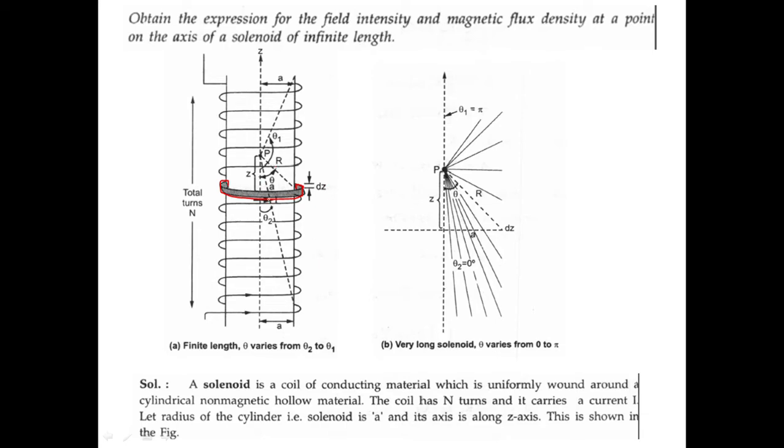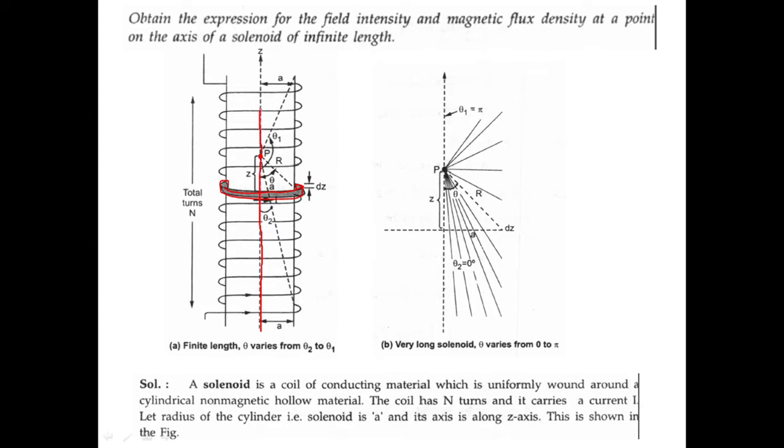Due to this particular part of the solenoid, we are calculating the magnetic field intensity at this point P, right? Whatever part of height dz we have considered, we are calculating the magnetic field intensity at this point P. This point is at the center of the solenoid, so the axis of the solenoid is like this, along Z. This line is at the center of the cylinder.